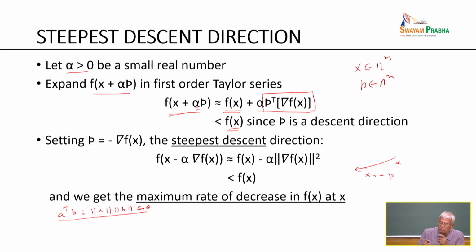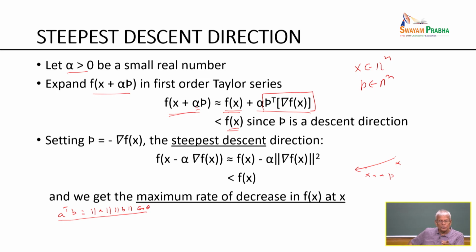So, by picking p equal to minus the gradient, please understand, p equal to minus the gradient, I get what is called the steepest descent direction. So, descent, steepest descent. I have satisfied my greedy nature to get the maximum benefit out of going along the direction.